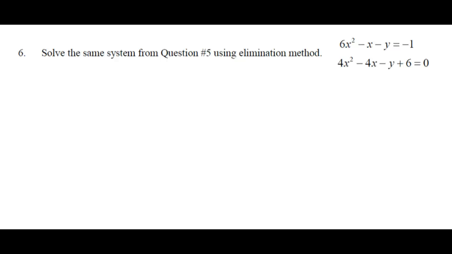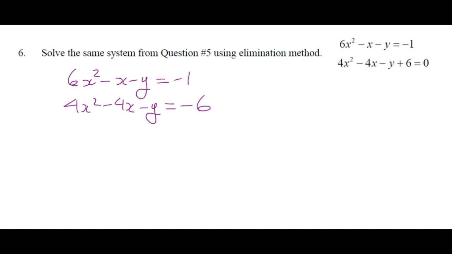All right, so really, solve by elimination. So let's rearrange this. If I'm going to do this, we'll go 6x squared minus x minus y equals negative 1, and we'll go 4x squared minus 4x minus y equals negative 6.